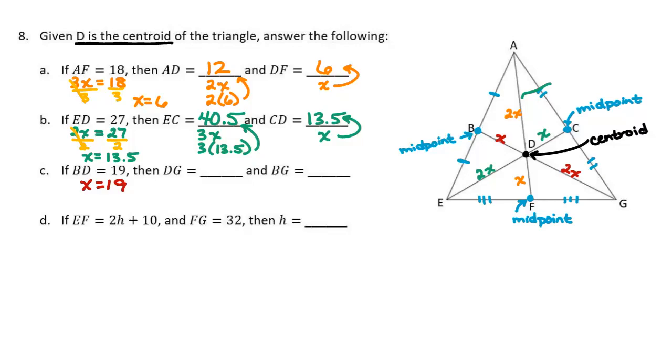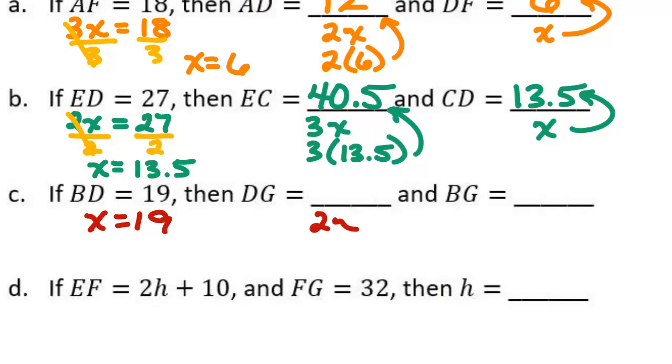Yes, we're going to take 19 times 2. This is 2x, so that's 2 times 19. What is 2 times 19? 38.